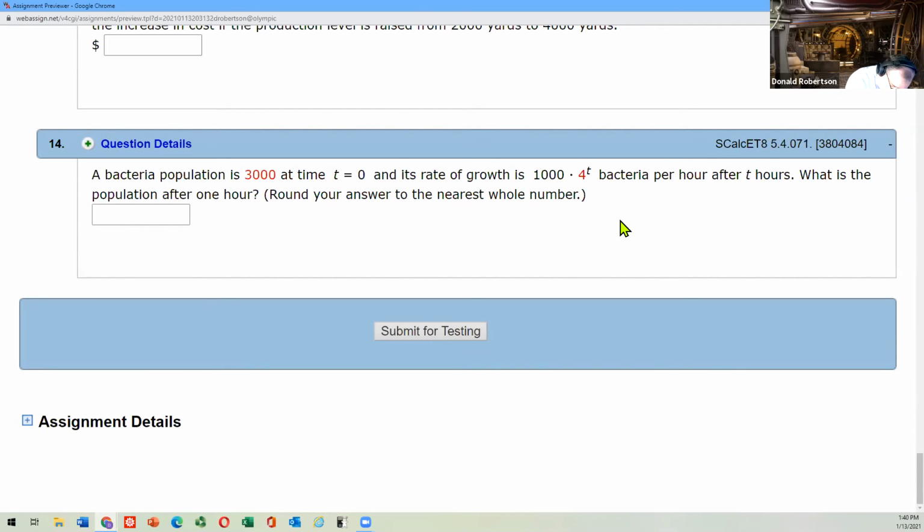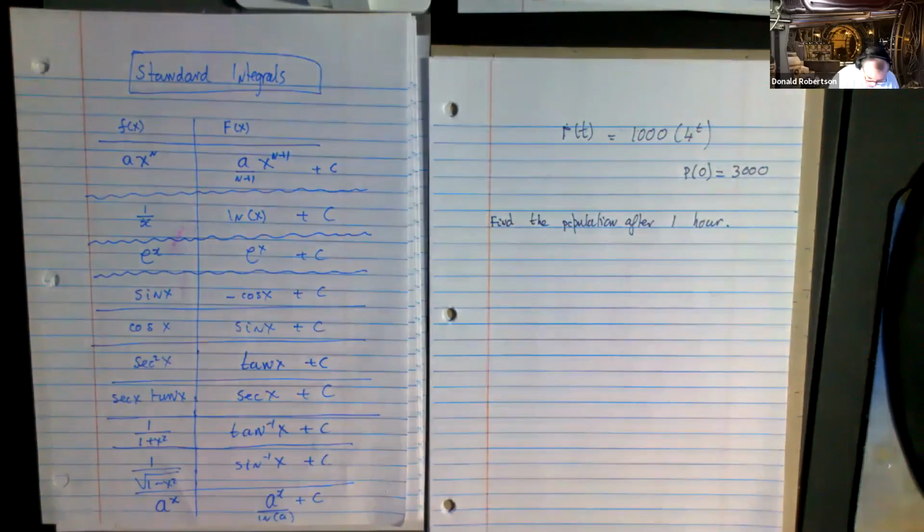And the question then becomes, find the population after 1 hour. Since this is the last one, this is probably going to be the worst one. And it's not going to even be nice numbers.